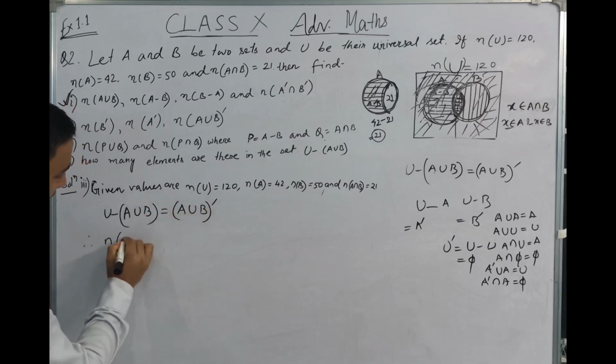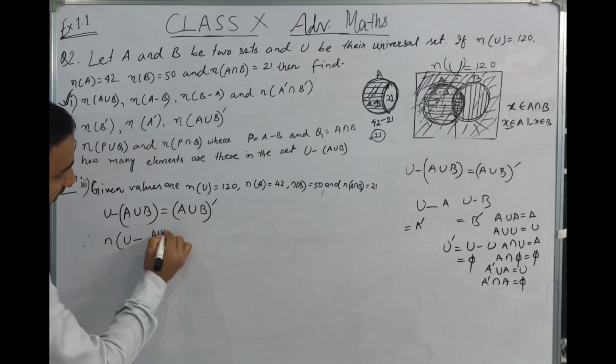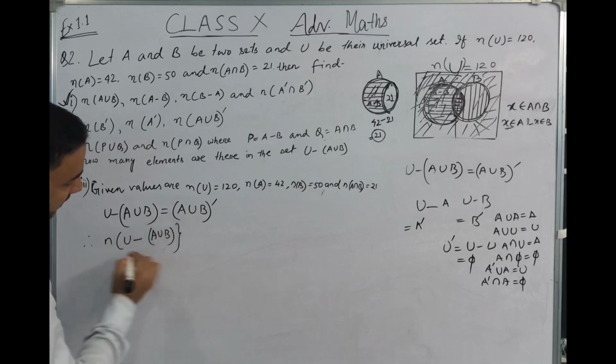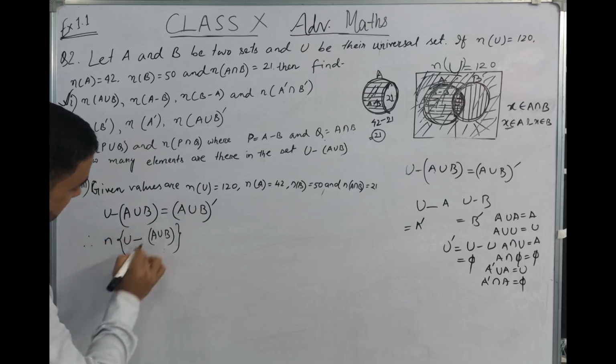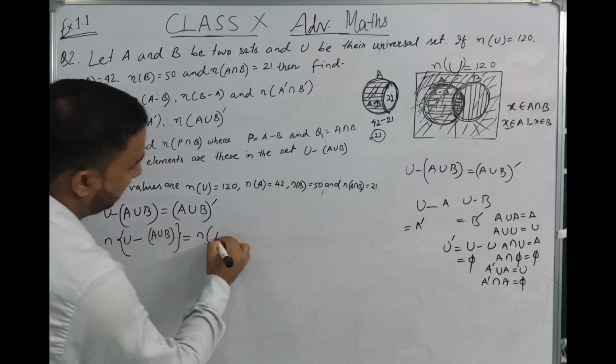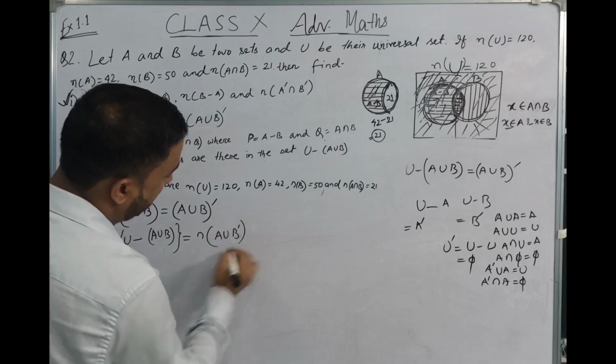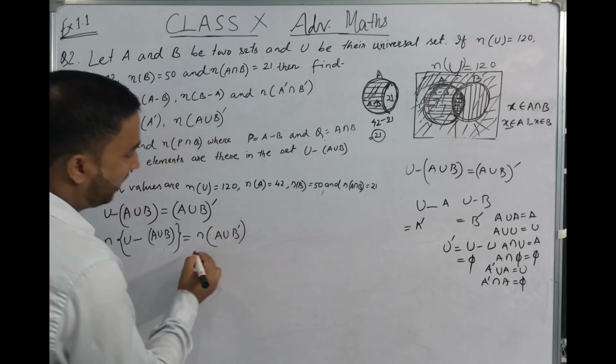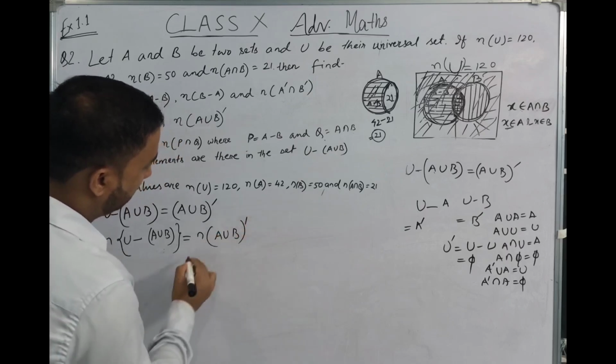Therefore, number of U difference A union B is equal to number of A union B complement.